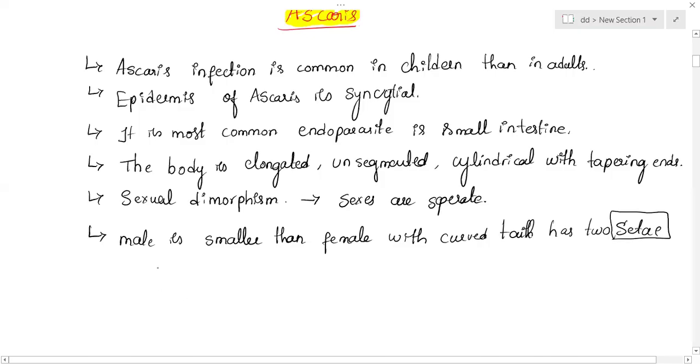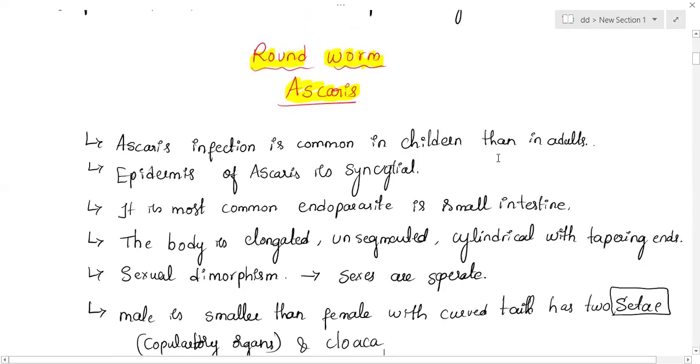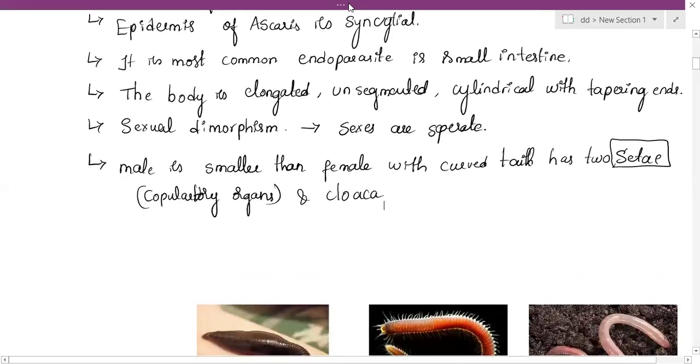During fertilization, these connect with the female. These are copulatory organs, and they also have a cloaca. I'll draw the diagram also, so you will understand. Don't worry.